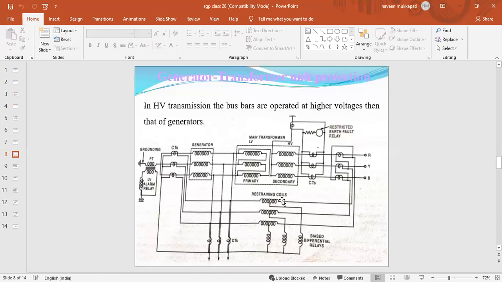That is the main reason for the combined use of generator and transformer protections.